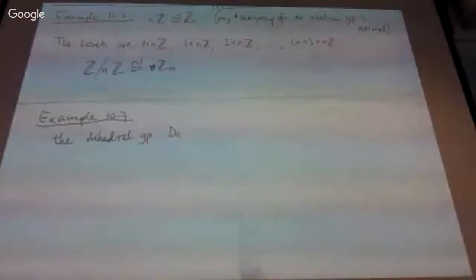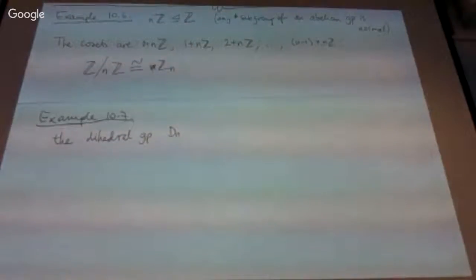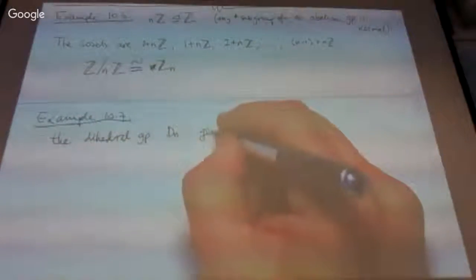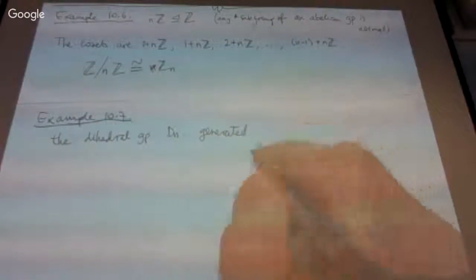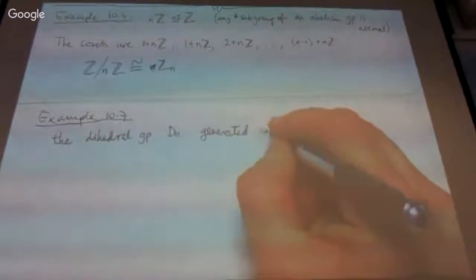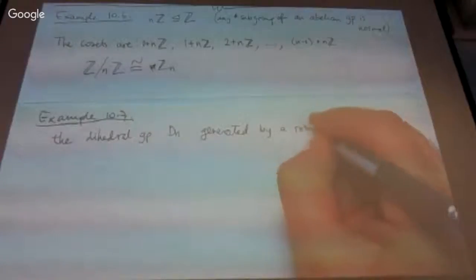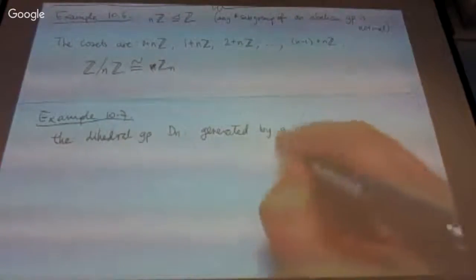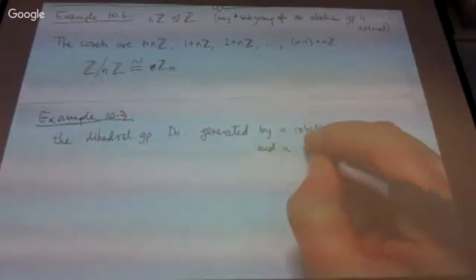Symmetries of the regular n-gon. By now you well know that it's generated by a rotation and a reflection.